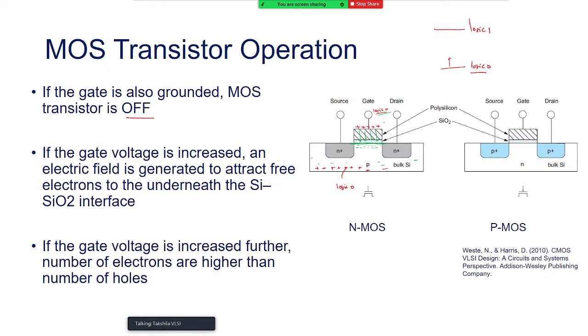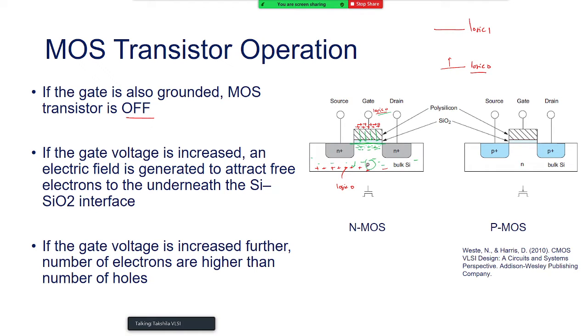Okay. And if we keep on increasing the gate voltage, so that there are more charge carriers, then the electrons in the P-type semiconductor also increase in number. When there are sufficient charge carriers, the electrons in the P-type semiconductor are now higher in number than the holes.